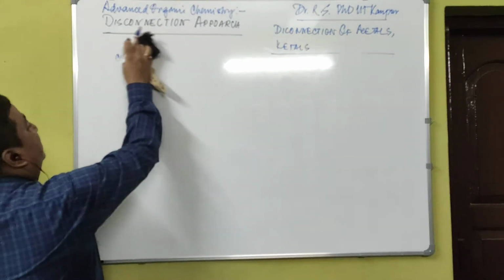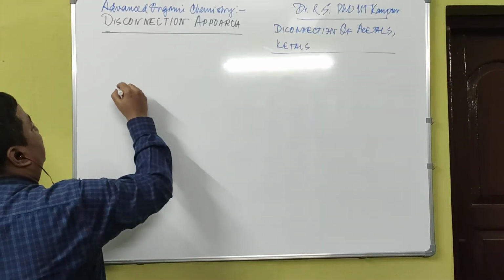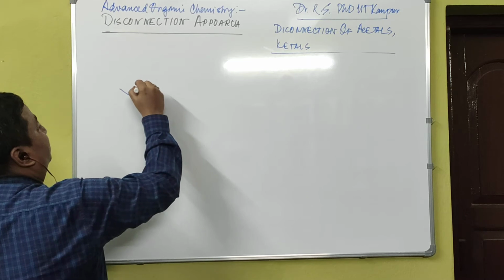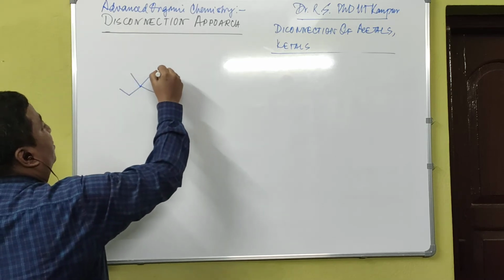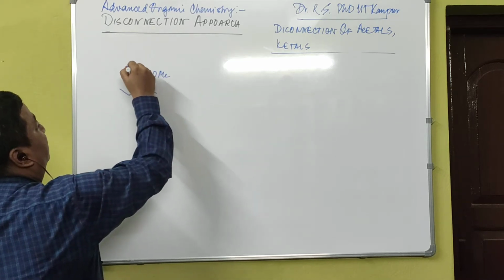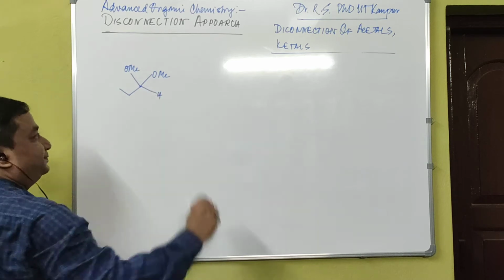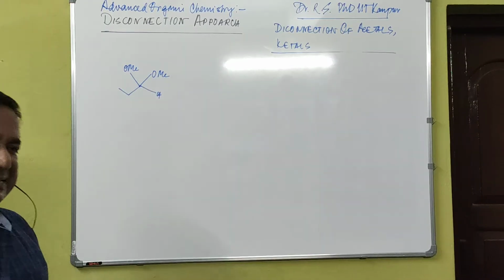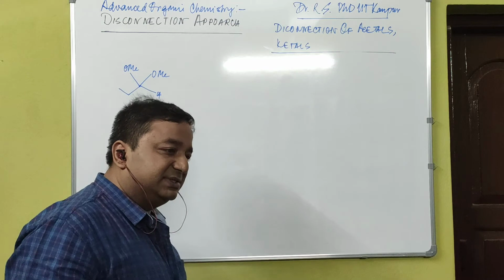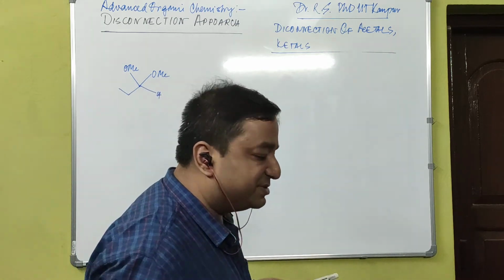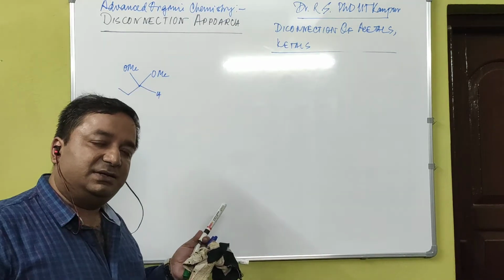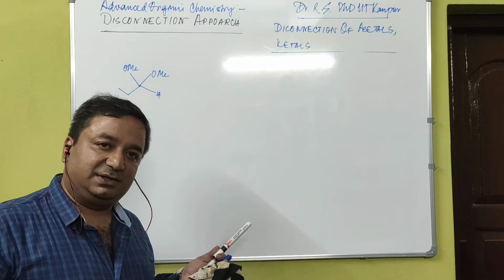It is something like this. So you have an OMe, you have an OMe, and there is a hydrogen. A simple question that you should ask yourself as a student of chemistry: is this a ketal or is this an acetal? How to decide?